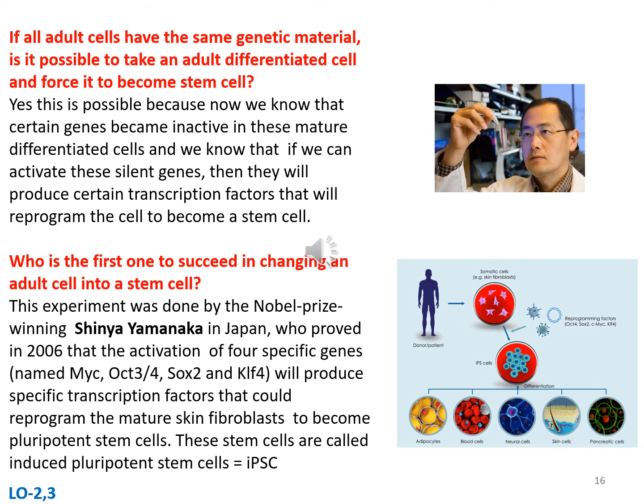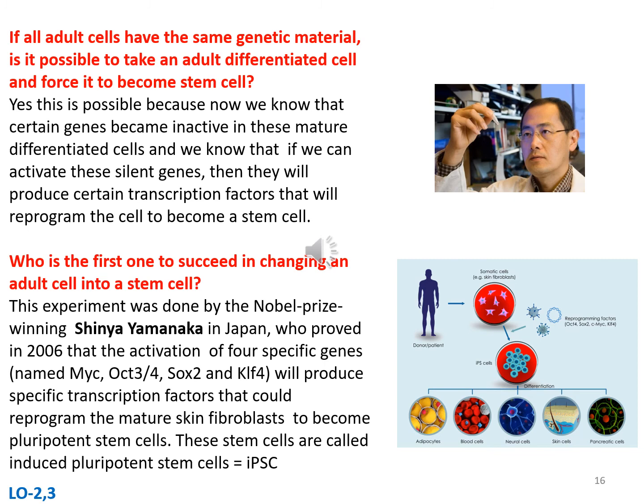The first person to do this was a Nobel laureate, Shinya Yamanaka of Japan, who proved that activation of 4 specific genes, mentioned here as MYC, OCT, SOX, and KLF4, will produce specific transcription factors that would reprogram the mature cell, for example here the skin fibroblast, to become a pluripotent stem cell.